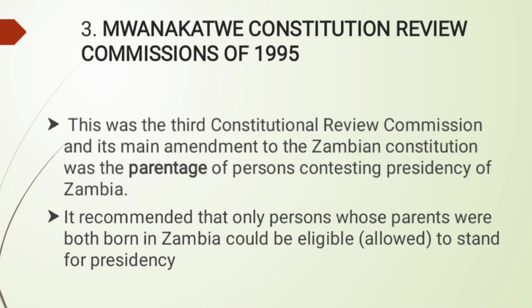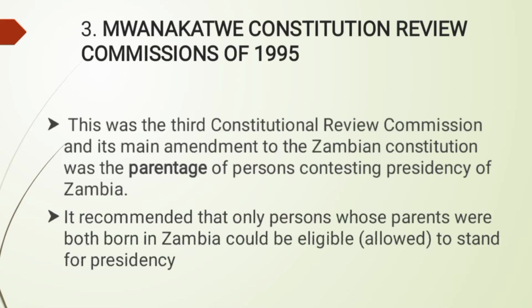Only if your parents were born in Zambia will you be allowed to stand for president. That's how it was here. Now, this disqualified Dr. Kenneth Kaunda because his parents were not born in Zambia. So, definitely Kenneth Kaunda was disqualified from standing as a president here in 1995.